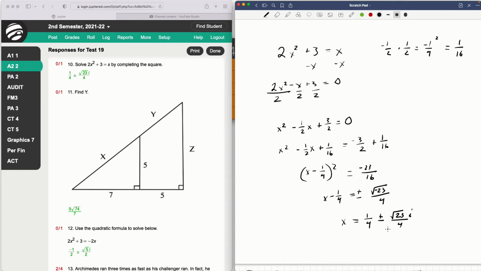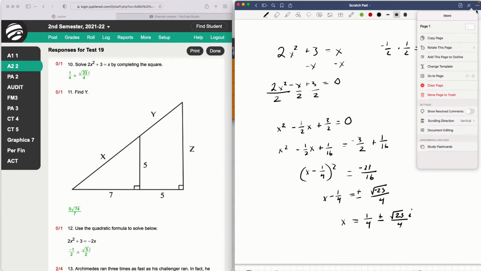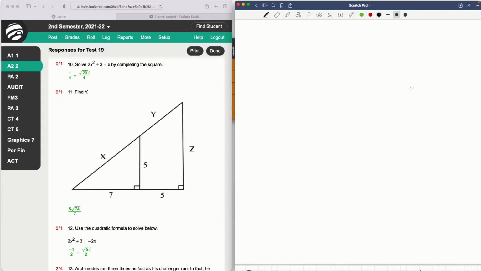So I'm not going to redraw this shape since we have it right here. We just have to find y. It's in here somewhere. Here it is.